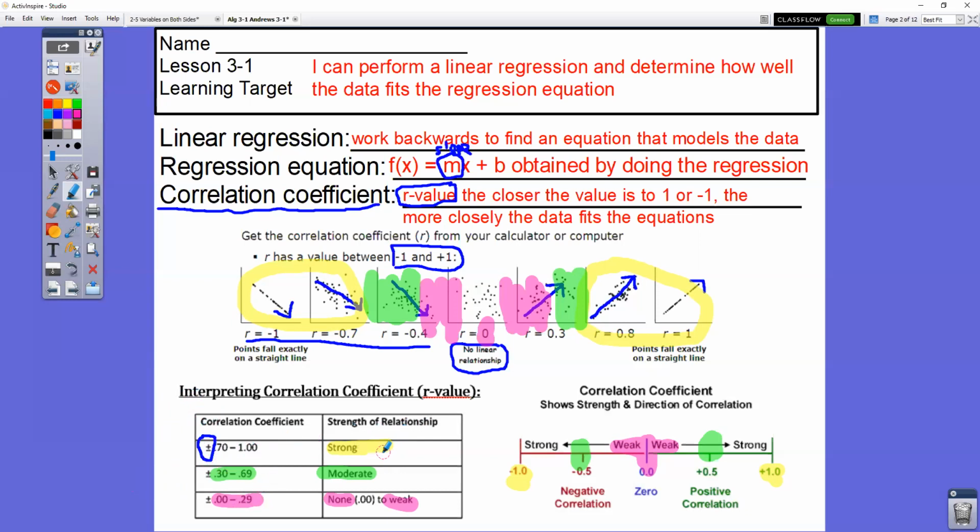And then part of your homework says, is it a strong, moderate, or weak relationship? You're also going to have to say if it's positive or if it's negative. It's negative if your R value is negative. It's positive if your R value is positive. All right. Questions about this slide right here? Any questions about this slide right here?